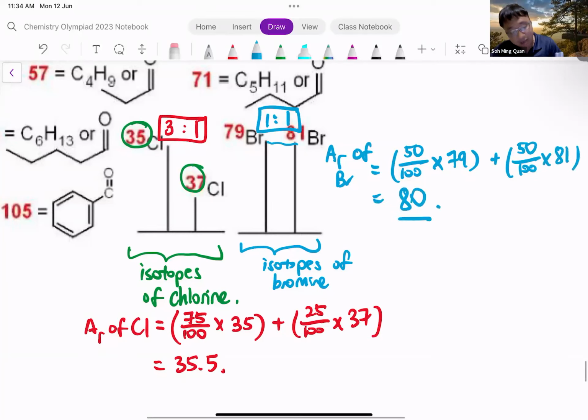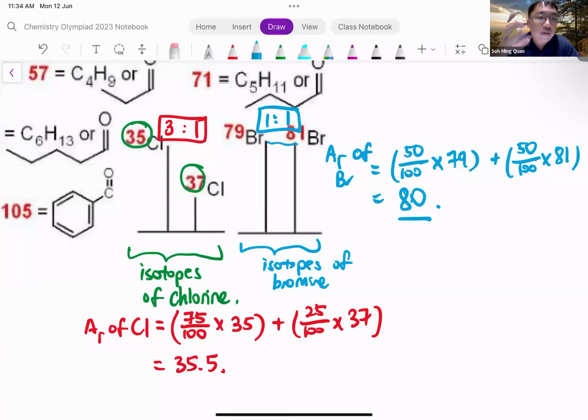That's why if you read the periodic table, the AR of bromine is given as 80, because it contains 2 isotopes, bromine-79 and bromine-81, in a 1:1 proportion. When you take the average of the 2 isotopes, it's exactly 80. So if you go to the periodic table now, the AR of bromine is 80, because it has 2 isotopes in equal proportion.